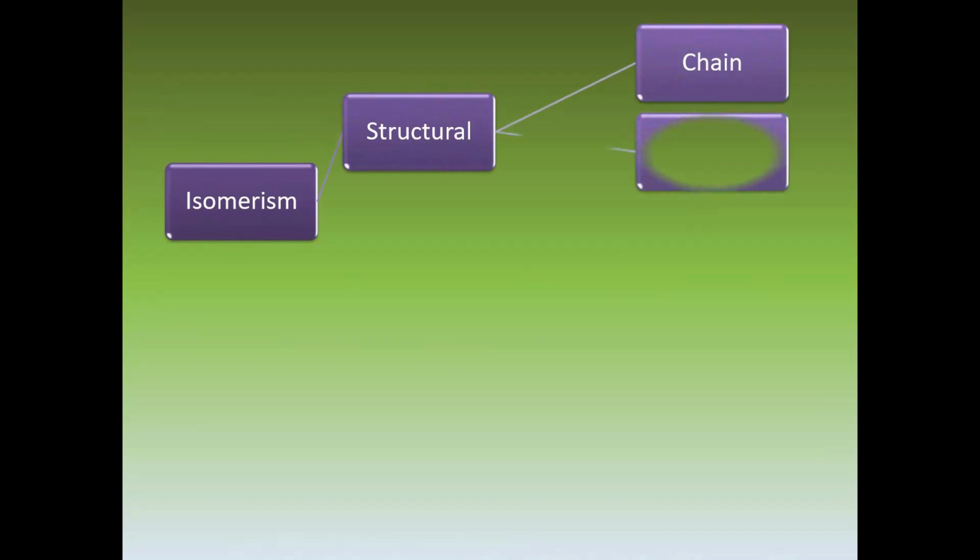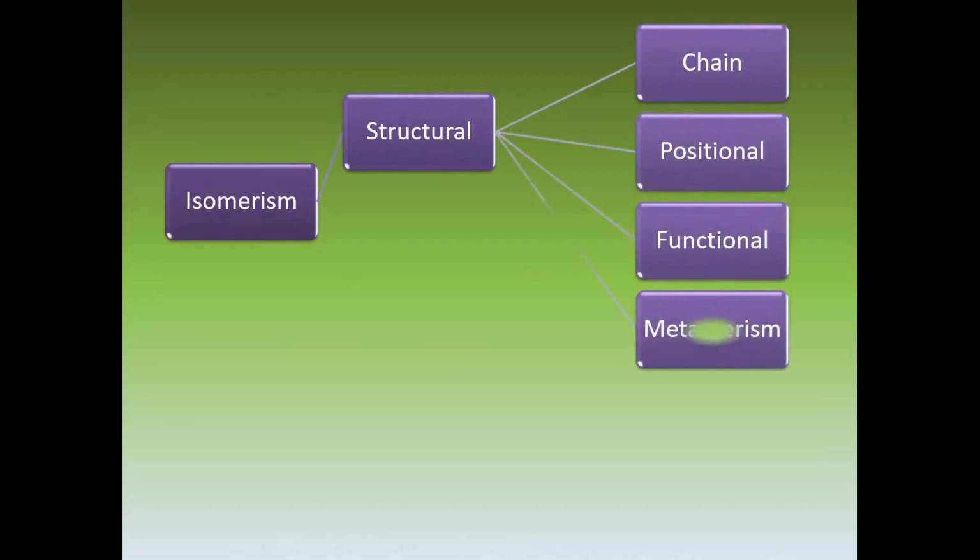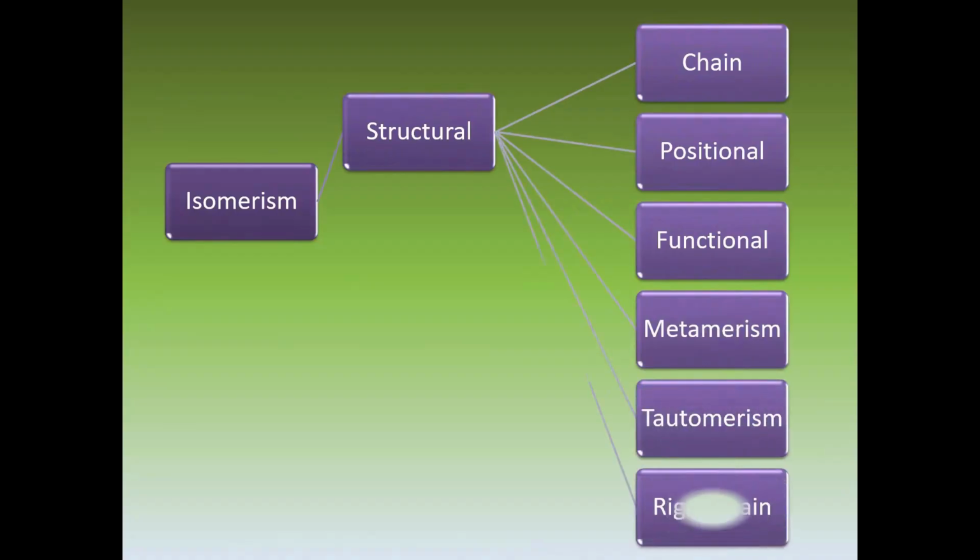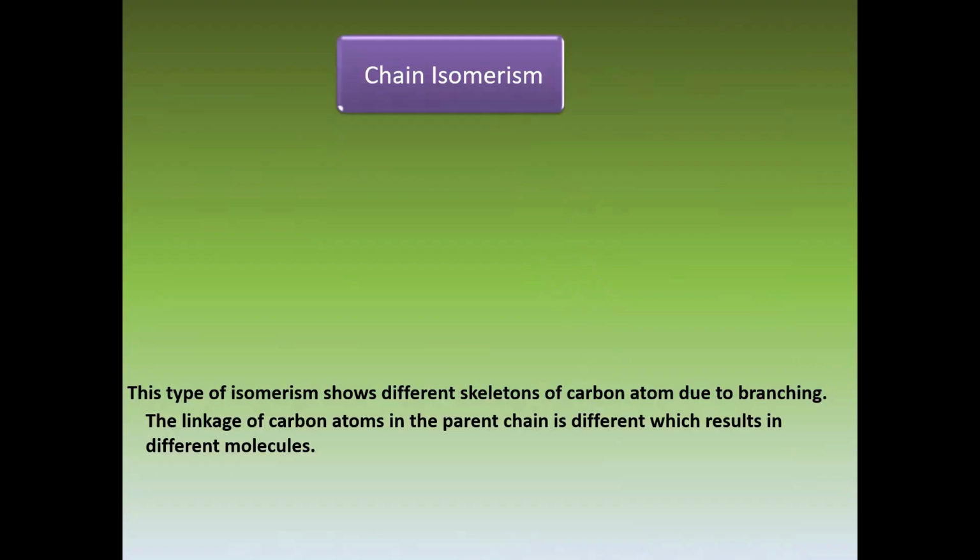Now we will explain structural isomerism: chain isomers, positional isomers, functional isomers, metamerism, tautomerism, and finally ring chain isomers. Chain isomers: this type of isomerism is shown when carbon atoms have different branches.